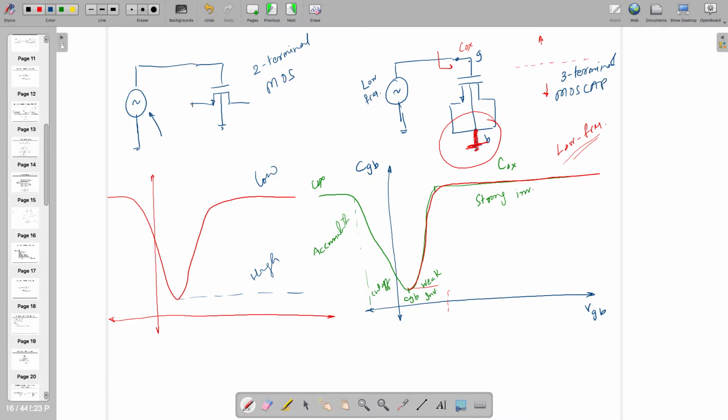When you are doing this, drain and source are open, so no field is available. That's why those charges get trapped and create a capacitance. Here it's not happening, right? And I'm talking about the bigger technology nodes which are not deep submicron, even 1 micrometer. Of course it is going to happen in 28 nanometer, but at 1 micrometer, when there are no overlap capacitances, still this is going to happen, right?